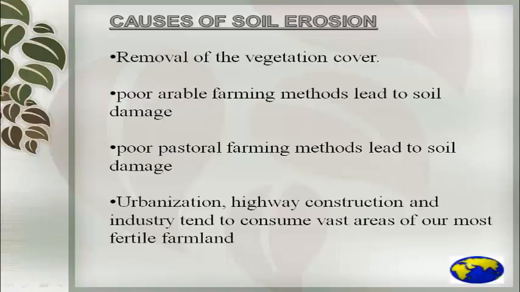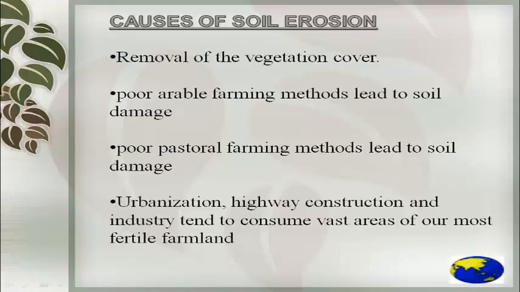That is clearing the land, the weeds on the land. When we clear the weeds or the trees on the land, it exposes the land to the water or wind, which blows the topsoil away.